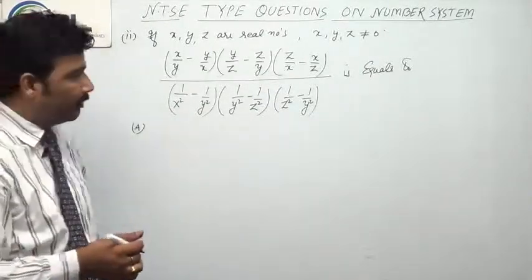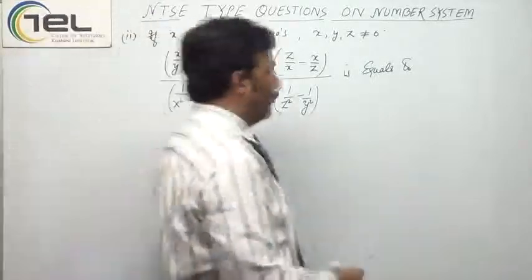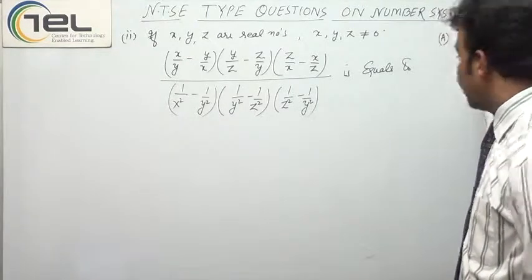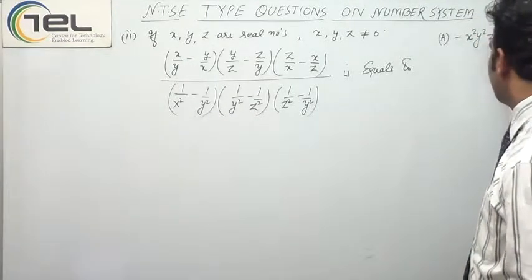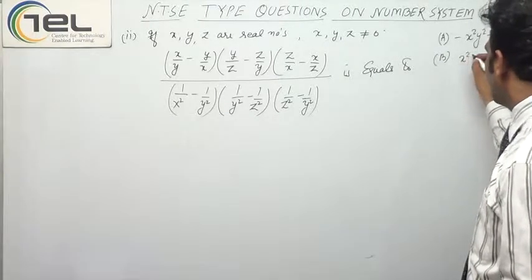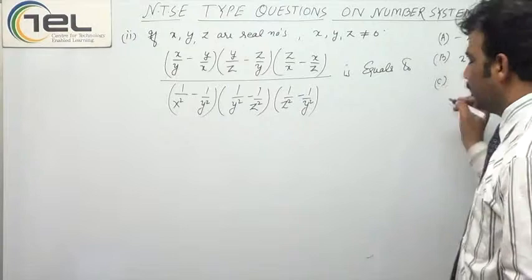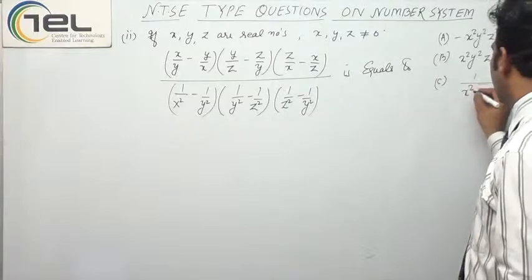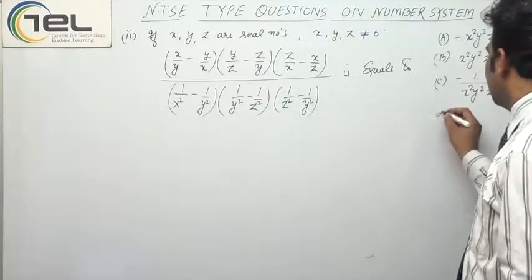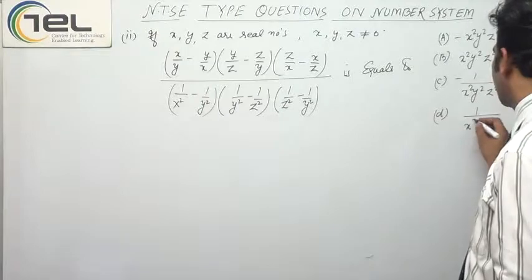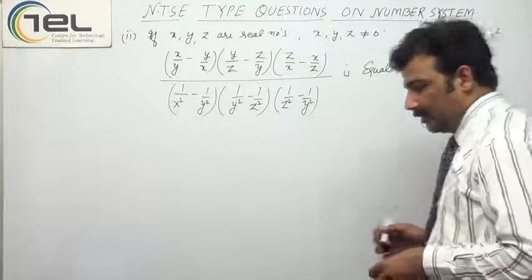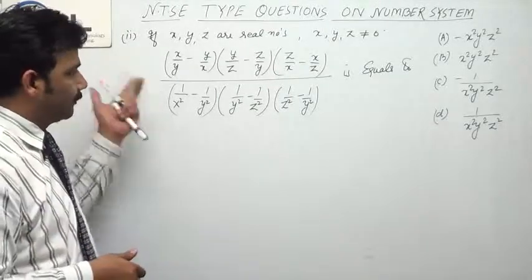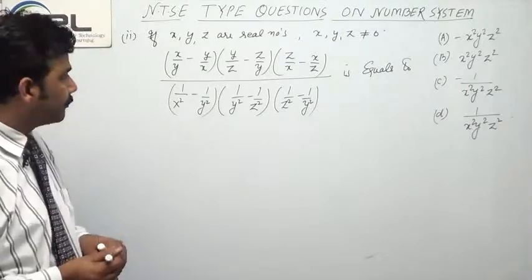I have option A. Let me put the options. I will write the options here. Option A, negative of x square y square z square. B, x square y square z square. C, it will go like 1 upon x square y square z square negative, and D goes 1 upon this. So these are the 4 different options, and this is the question. So how to solve this question?